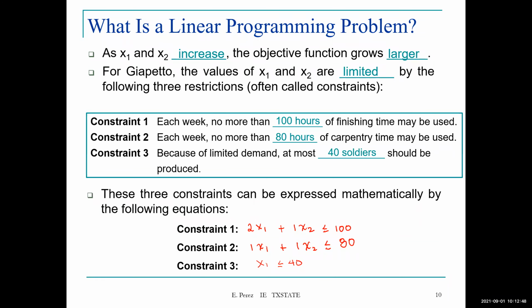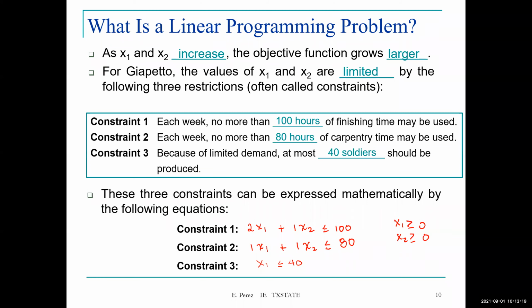Actually, we have to define another constraint, but that is a common constraint for all models. We want our decision variables always to be positive. In this case, every time that we have a production scheduling problem, we want to make our decision variables positive because you don't want to end up producing negative values. So what that means is you want to make x1 and x2 greater or equal to 0.